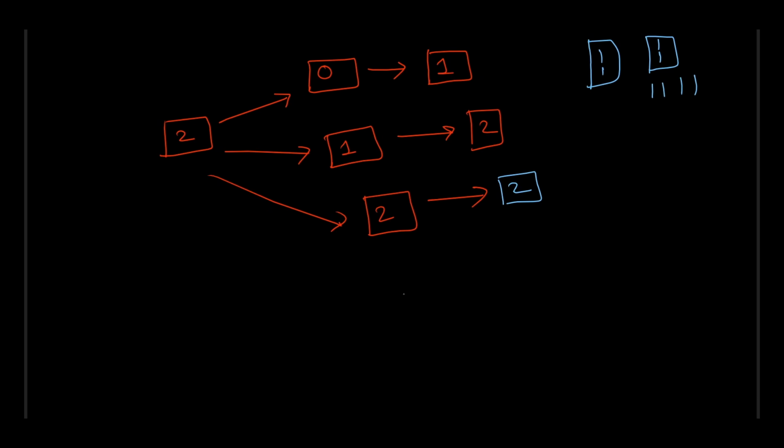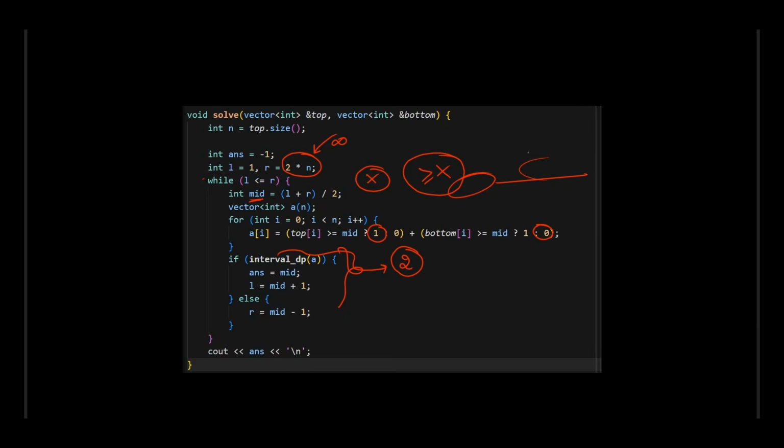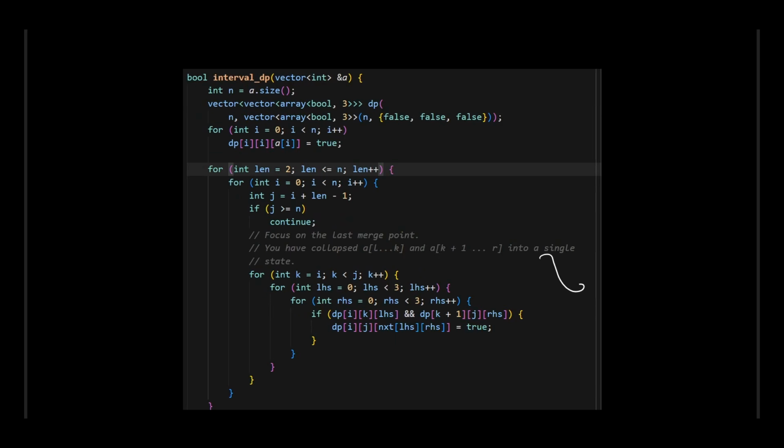This kind of creativity is what will lead you to higher ratings on Codeforces. So think about some innovative ways to look at these transitions and come up with a different strategy that doesn't actually involve DP, because DP is evaluating a lot of possibilities. But what if you are smart enough and you can already determine the optimal strategy without any DP? So think about it for a while.